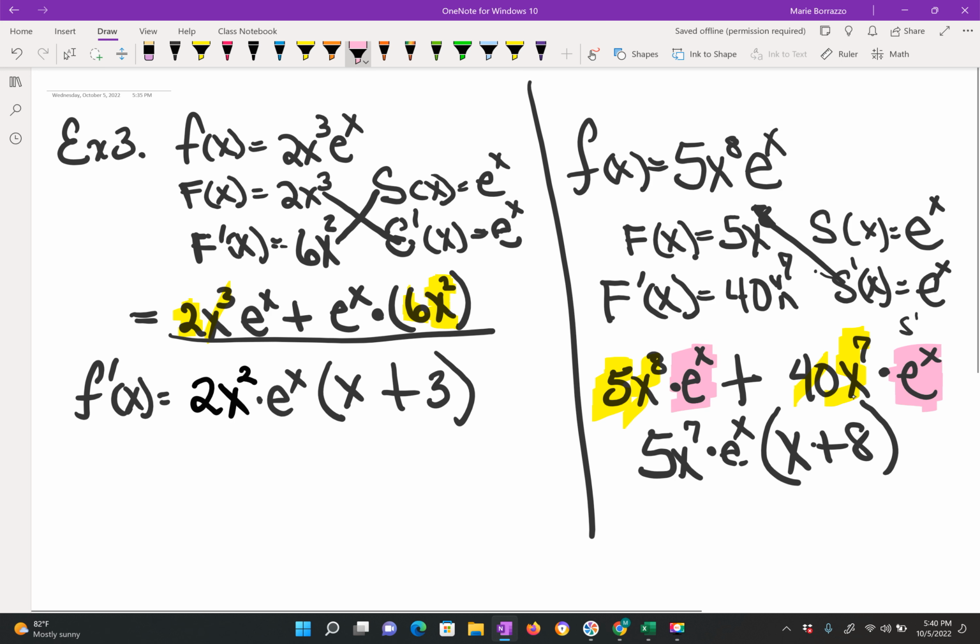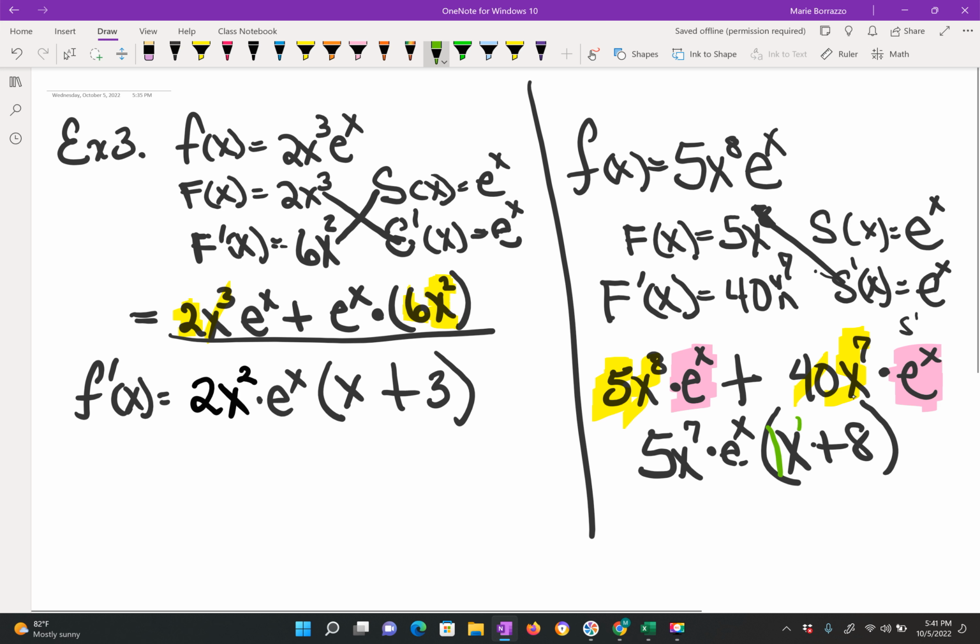The parentheses would be like if you were to divide 5x to the 8th by 5x to the 7th, and 40x to the 7th by 5x to the 7th. So 5 goes into 5 one time, which is this coefficient here. This is 5x to the 8th, this is an x to the 7th, hence x to the 1 stays inside. I cannot take more than what I can borrow.